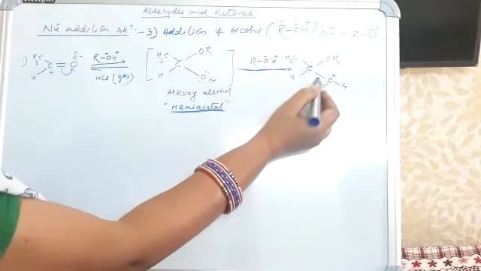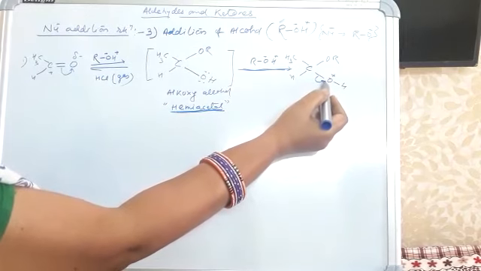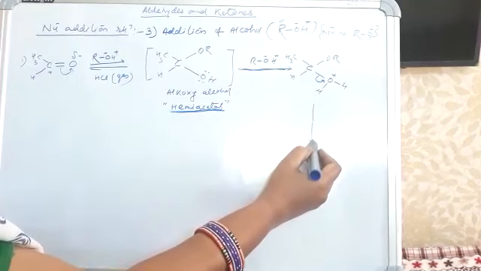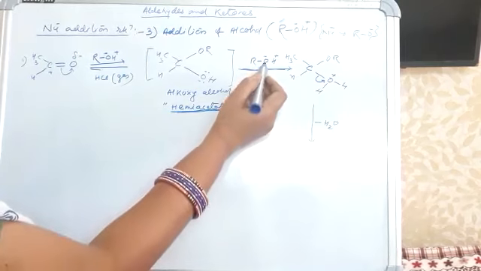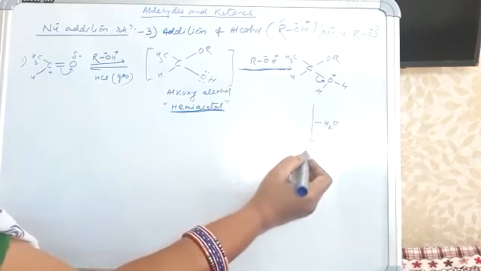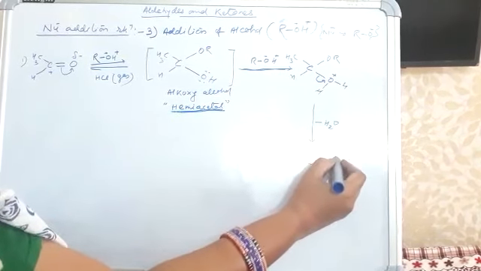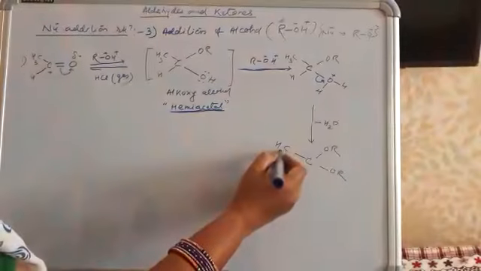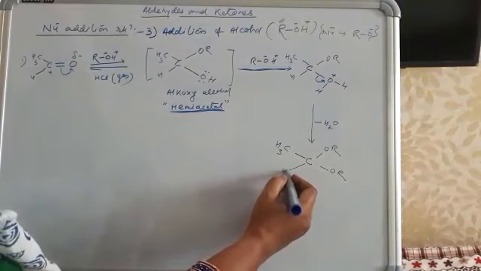Positive charge appears on the oxygen. So this bond breaks or this bond goes towards the oxygen. Then what happens? Removal of H2O molecule takes place and this alkoxide ion goes to the carbonyl carbon and the formation of acetal compound takes place.